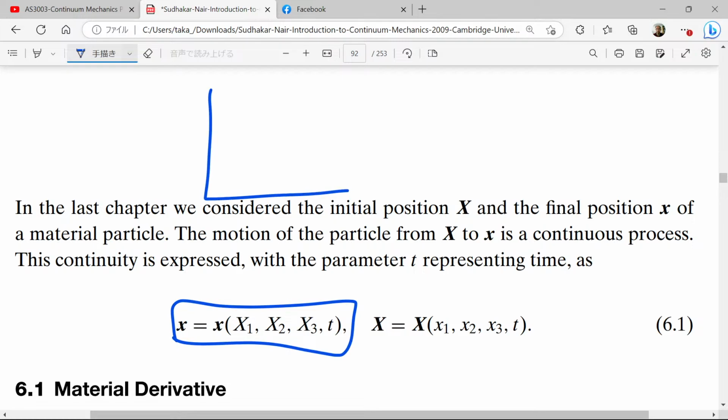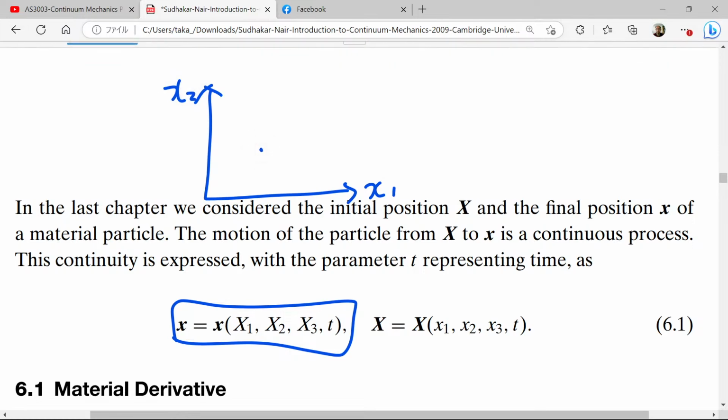I don't know if we should distinguish this small x and large X, but originally the position is here, right? At t equals 0. And this particle moves to another position.